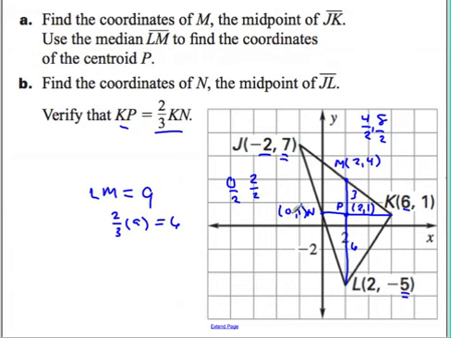From 0 to 2, this is going to be a length of 2. From 2 over to 6, this is going to be 4. So I'm trying to verify that 4 is 2/3 of the entire length of 6. I think it is. So that does work out. Verified. There it is. Check it out. That was kind of cool.